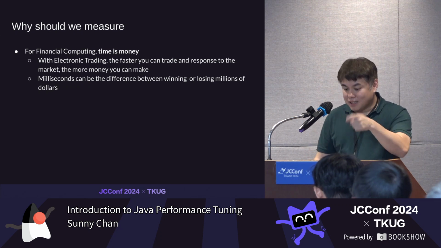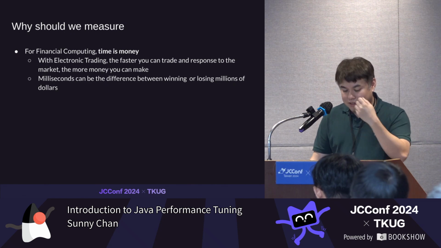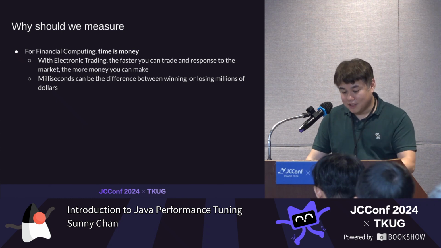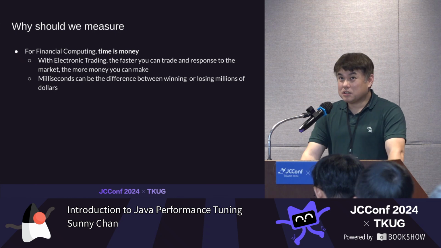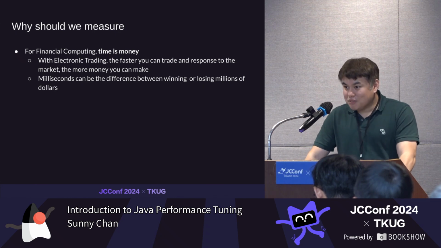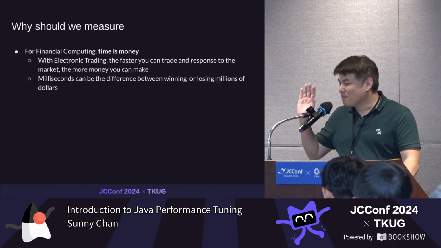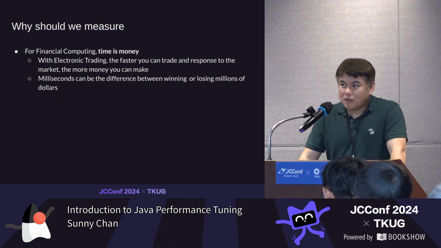The faster you can make a trade, say somebody is trying to sell lots of currency and buy the crypto, the faster you can respond to the market, the more money you can make. So milliseconds can be the difference between winning and losing a lot of money. A millisecond is just a small number, but it actually does matter.